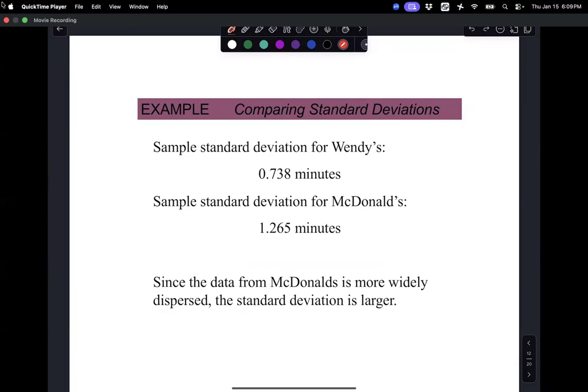So if you're at McDonald's, you're not going to have a very good guess of how long it's going to take you in the drive-through. Whereas at Wendy's, you're going to have a little bit better guess. So if you're looking for consistency in wait times, you'd go to Wendy's. If you don't care about consistency and you just want the Happy Meal toy, go to McDonald's.